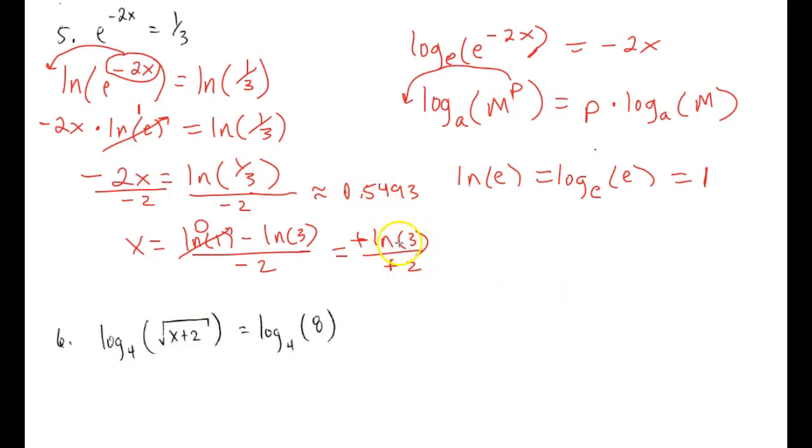And so natural log of 3 divided by 2 would be the exact answer. But again, if you plug that into your calculator, you'll see that you'll get the same thing as we got right here. Okay? So that is one way of doing this particular problem.